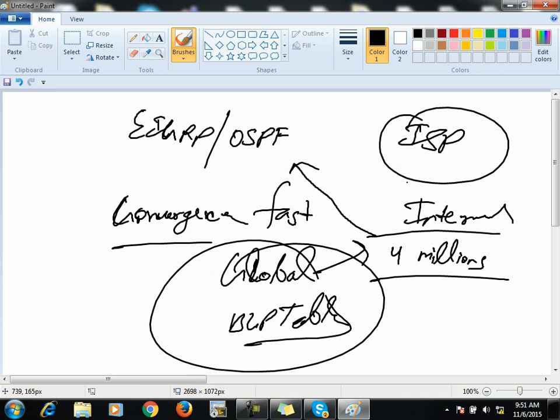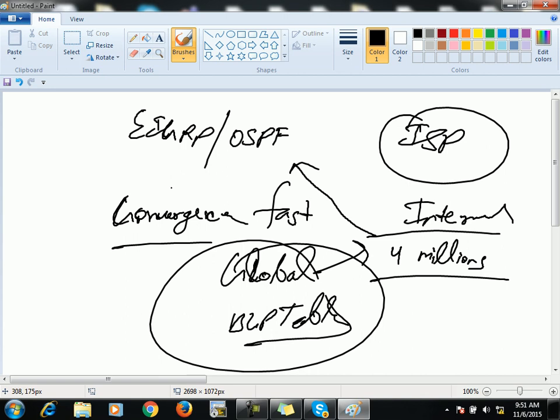And of course, if you look at RIP, EIGRP or OSPF, they are not fully secure. Or you can say they are not fully reliable. They are not completely reliable.